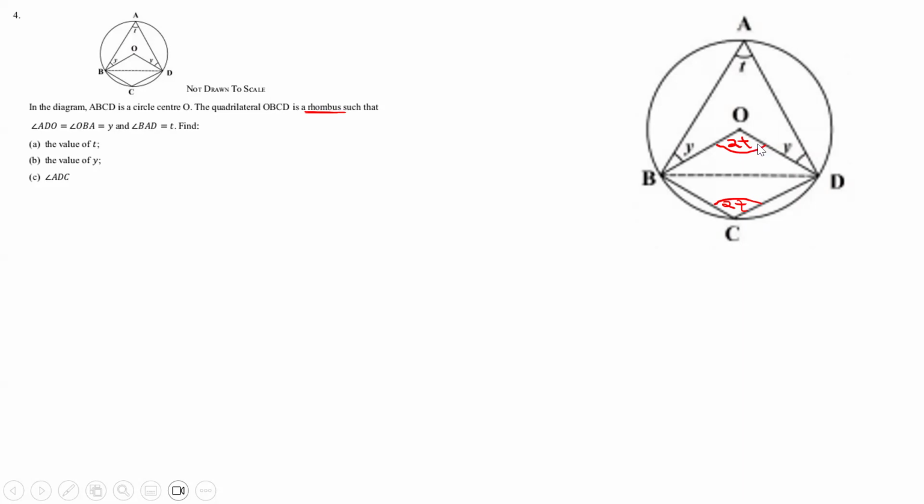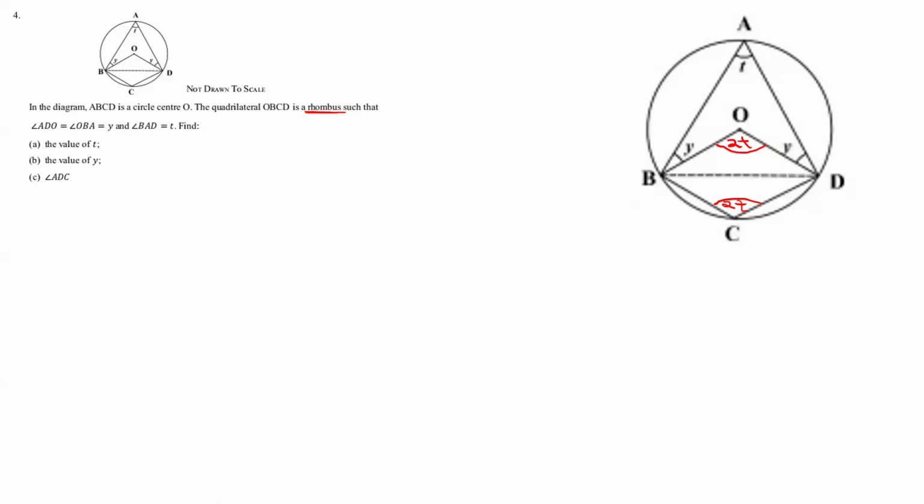And we know the opposite angles of a rhombus are equal. However, adjacent angles are supplementary. You remember all these properties, right? Without these properties, you wouldn't be able to sail smoothly.